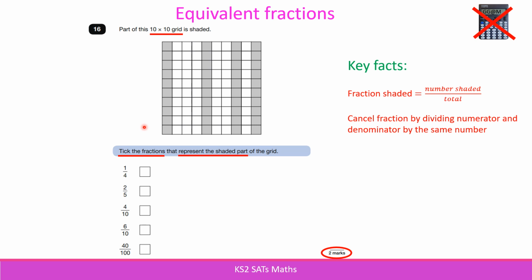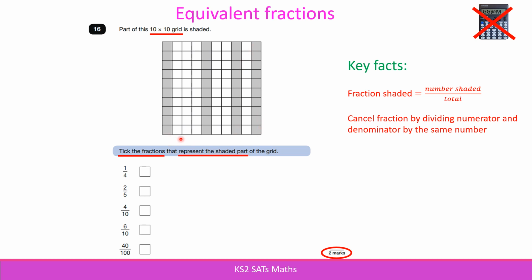Fantastic work, guys. Hopefully you've managed to come up with an answer and you've worked out how much is shaded. To start with, our formula says the fraction that is shaded is the total number of shaded squares over the total. Now we have got a 10 by 10 grid. That means there's 10 across the bottom or the top, and there is 10 down the side. So this is a 10, this lot here is another 10, another 10, and another 10 down here that's shaded.